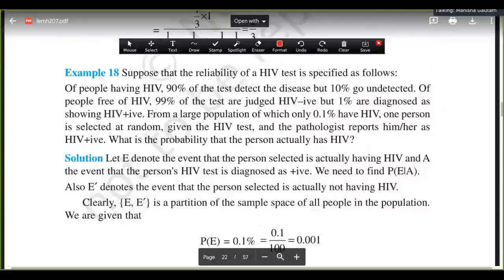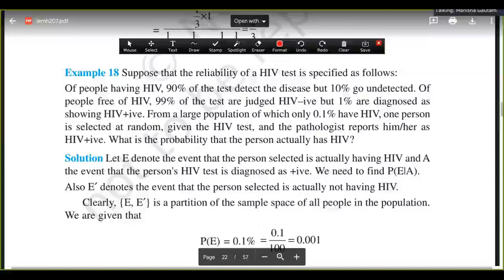Suppose that the reliability of the HIV test is specified as follows. Of people having HIV, 90% of the tests detect the disease, but 10% go undetected. Of people free of HIV, 99% of the tests are negative, but 1% are diagnosed as showing HIV positive.